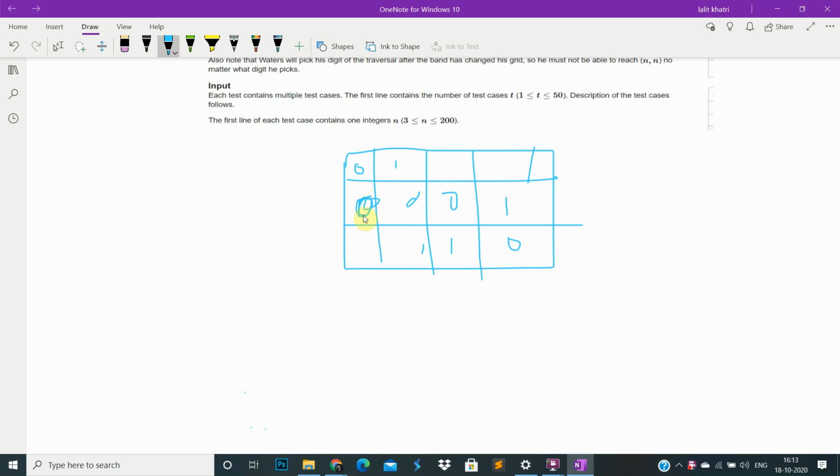We have to make these two cells such that the path will exit from this 0 1 1 place, from this or this point.